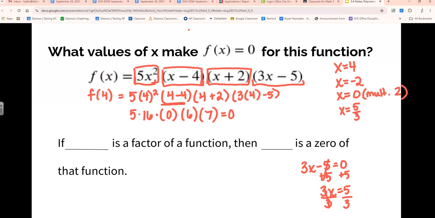So what we're going to see is that if we have a factor such as x minus a, where a is some sort of number, then a ends up being a 0 of that function. So when we see a factor where we have x minus 4, then positive 4 ends up being a 0 of that function.